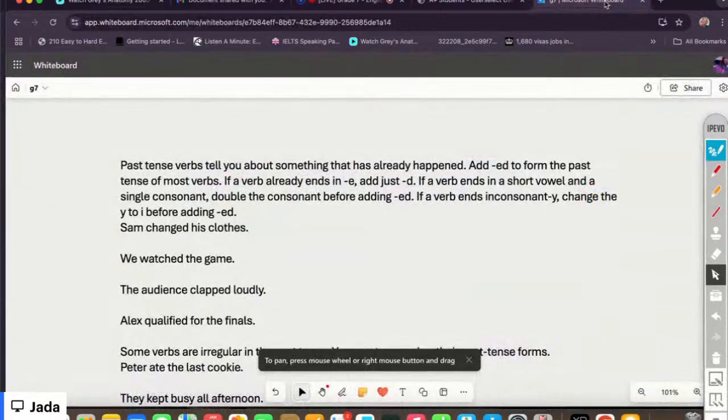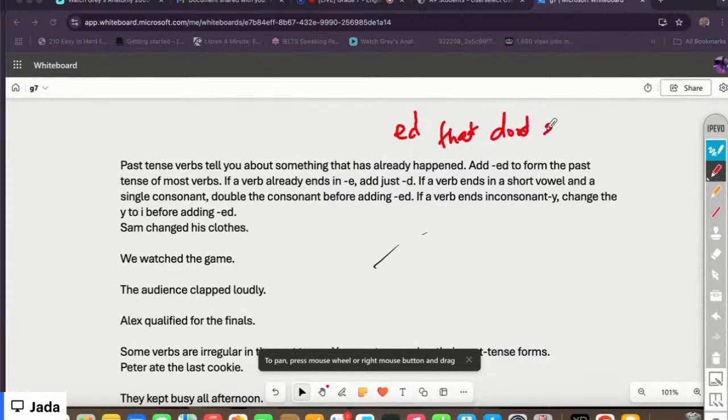Okay, so let's move on to this part. Past tense verbs tell you about something that has already happened. So it's important to note that past tense tells you about something that has already happened. Of course, past tense is like the one we just did above. It's either ed or the ones that don't end with ed.